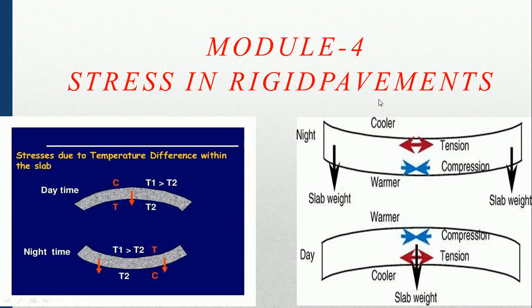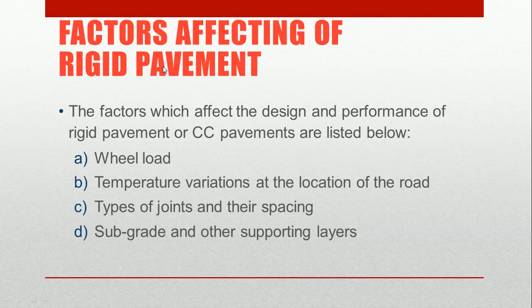Based on that, we have some numericals, that is problems we need to solve based on the stress distribution, to find out the stress at different points of the rigid pavement.